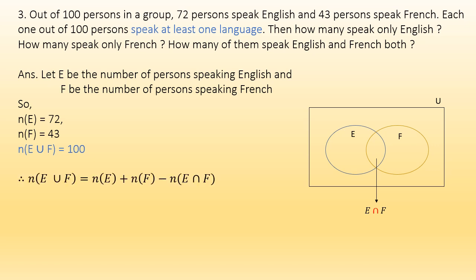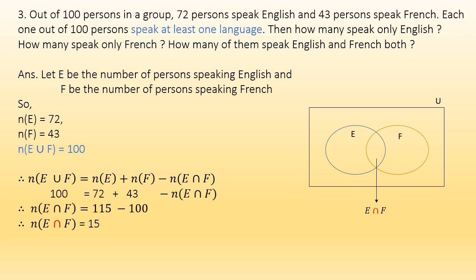Now we are going to substitute the values. 100 is equal to 72 plus 43 minus N of E intersection F. Let's transpose N of E intersection F to the left hand side and 100 to the right hand side. So we get N of E intersection F is equal to 115 minus 100. That is N of E intersection F therefore is equal to 15.